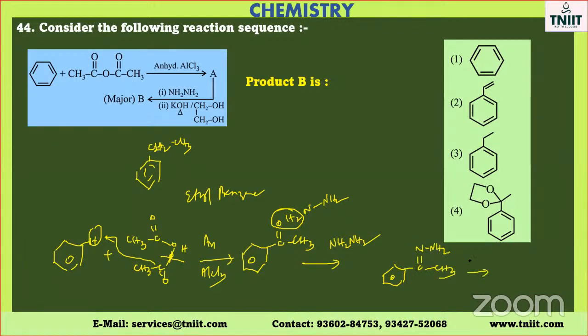This, when we allow it to react with aqueous potassium hydroxide, followed by ethylene glycol, CH2OH, the major product we get is ethyl benzene. This is B. The answer for this question is option 3. Ethyl benzene. The next question.